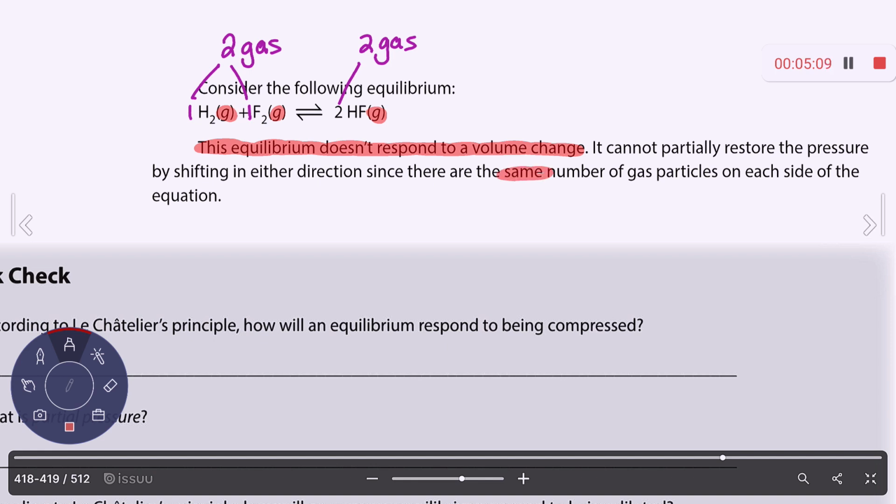Okay, so because of the same number of gas particles on each side of the equation, there would be no observable change. Okay, so we have 2 gases on the left and 2 gases on the right. Therefore, there's no response. Does that make sense? Okay. In the examples that we're going to look at next, the number of particles will be different. Okay, so let's take a look at the sample problem that's in the middle of the page.